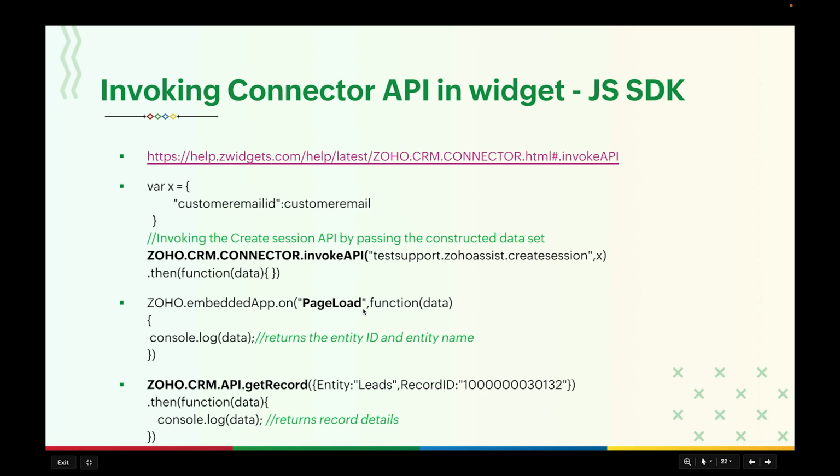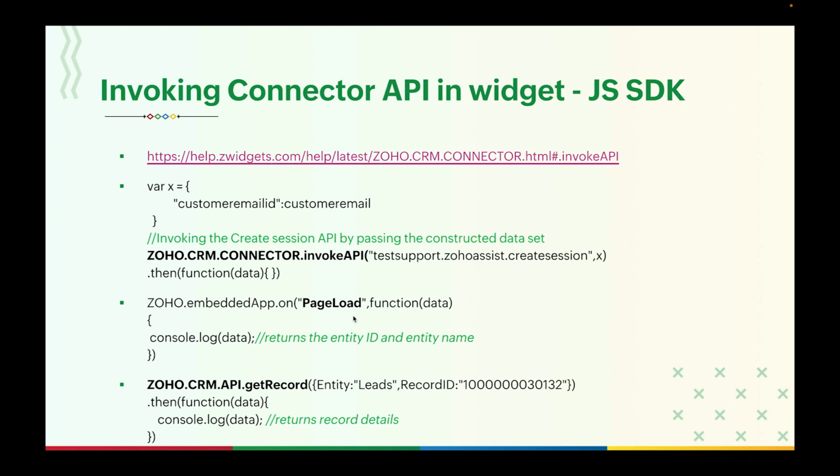In our case, when the support technician clicks on the button and the widget loads, the module detail and the record ID detail would be returned as part of this page load event listener. So we would get the module as Cases and the record ID would be the record ID of the case in which you are clicking the button.